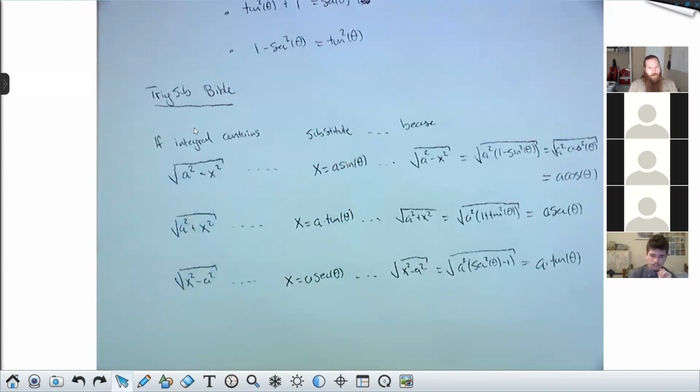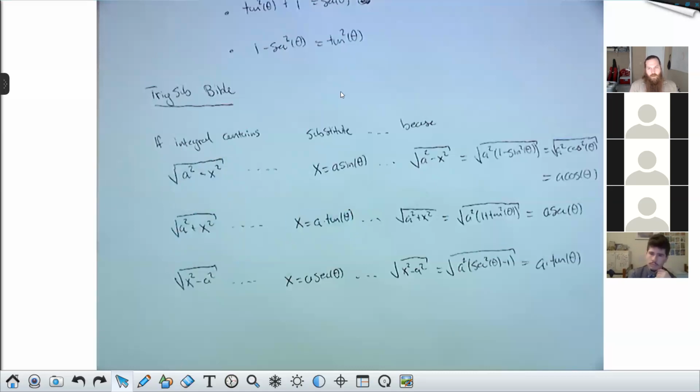Now, it's not 100% the case that these are the only times you'll substitute this, and it's not 100% the case that these are the only substitutions that will work. Sometimes you'll have integrals that you can do with u sub. And sometimes you'll have integrals without the square root, but with an a squared plus x squared, where you still want to make this substitution.